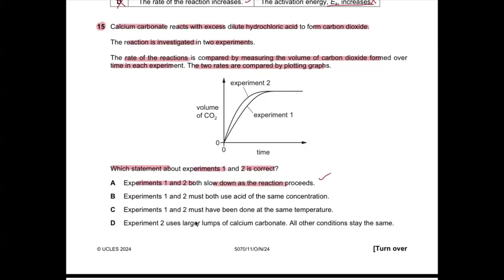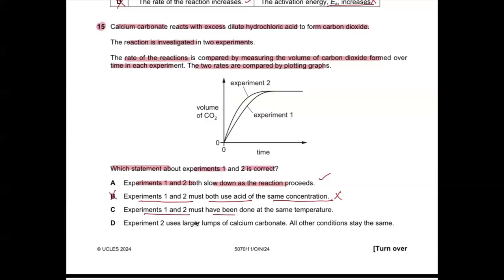Obviously, initially the rate of reaction is very high, and as the reaction proceeds, the rate goes slower. So A might seem correct. Experiment one and two must both use acid of the same concentration. No, if they were of the same concentration, we would not get different gradients. We would get the same gradient. So B goes wrong.